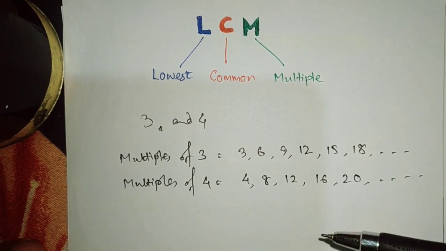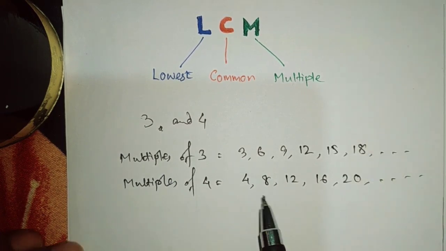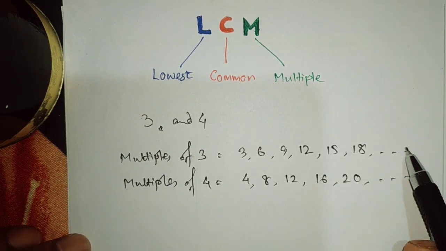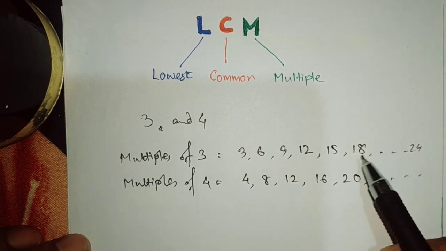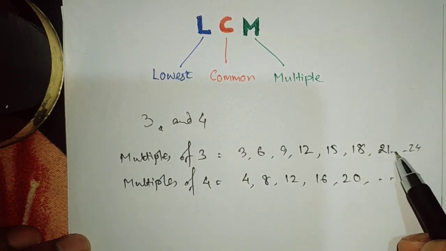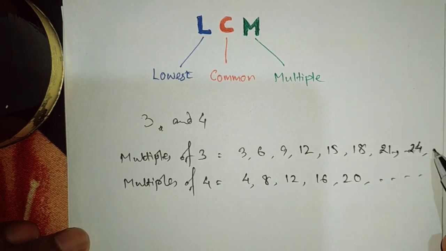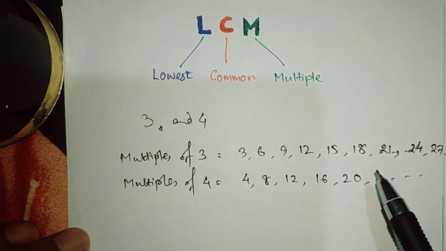In this case we will find various common multiples. Somewhere here we will get 24 also. After 18 there will be 21, after 21 it will be 24, then 27, and it will go on.